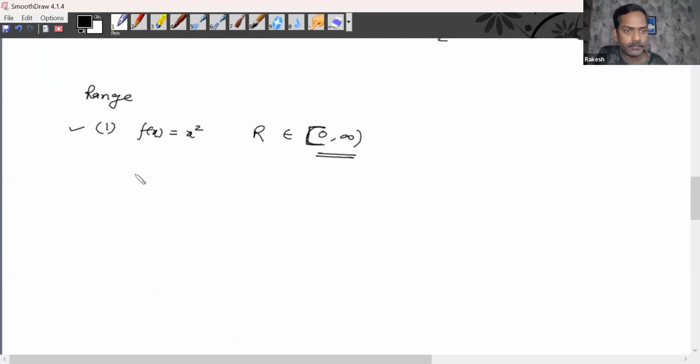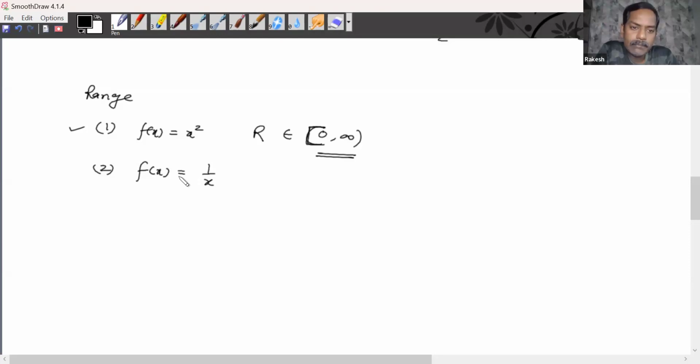It's a square. Second is, if I take say f of x is equal to 1 over x, let us try to figure out what is the range, correct? So here we can say that f of x, can it be 1? Yes, if I take the value of x to be 1, it will be 1. Can it be 0? No, but it can approach towards 0, right?